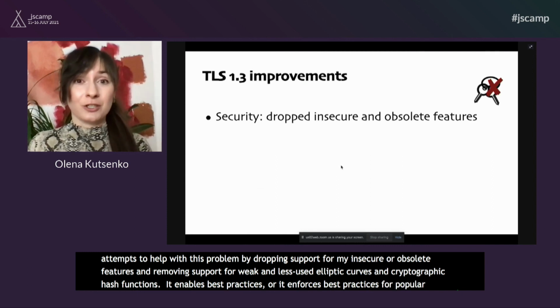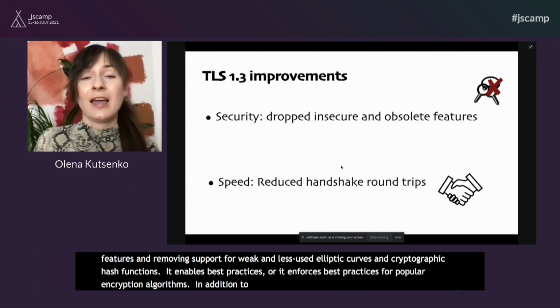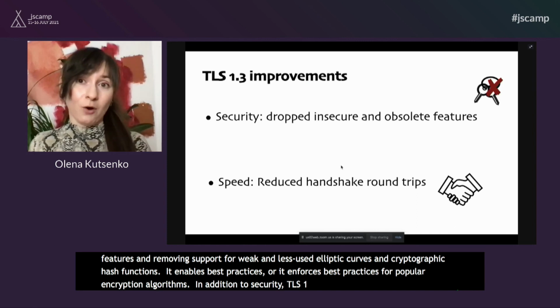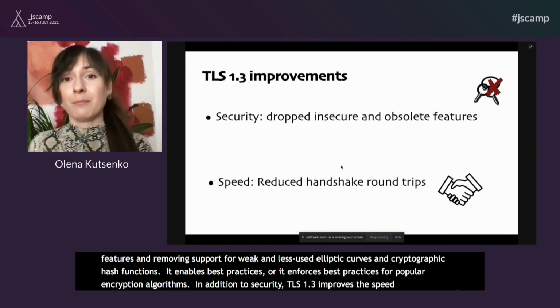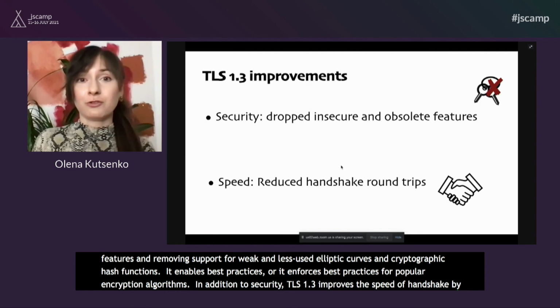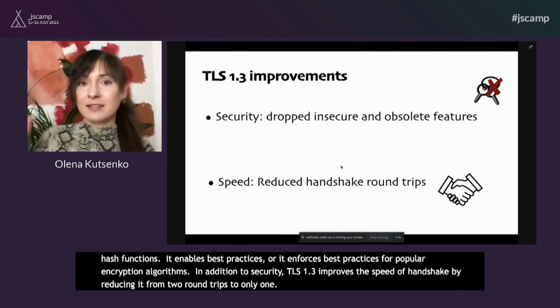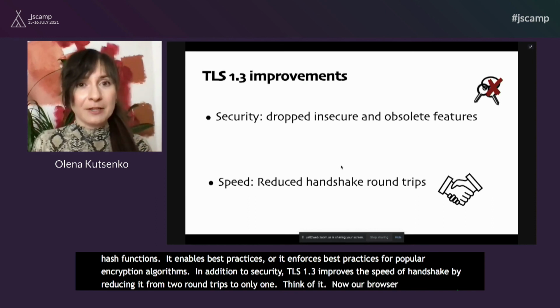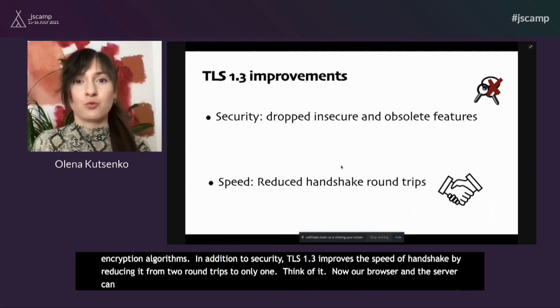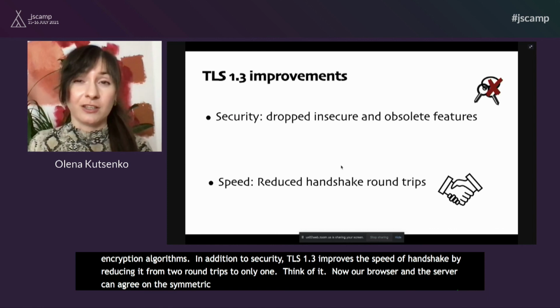In addition to security, TLS 1.3 improves the speed of handshake by reducing it from 2 round trips to only 1. Think of it, now our browser and the server can agree on a symmetric encryption key within just 1 round of communication. Isn't it impressive?